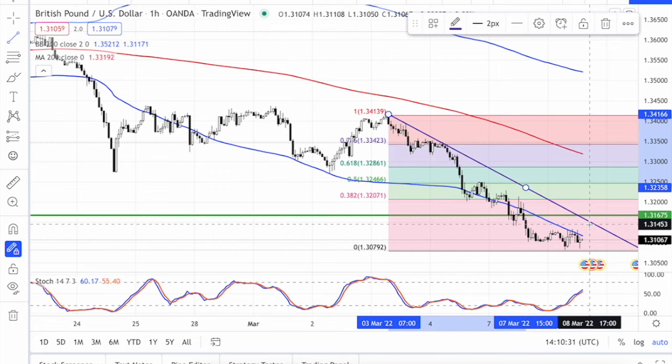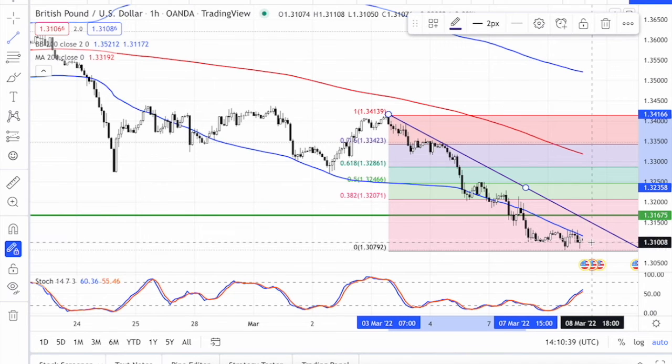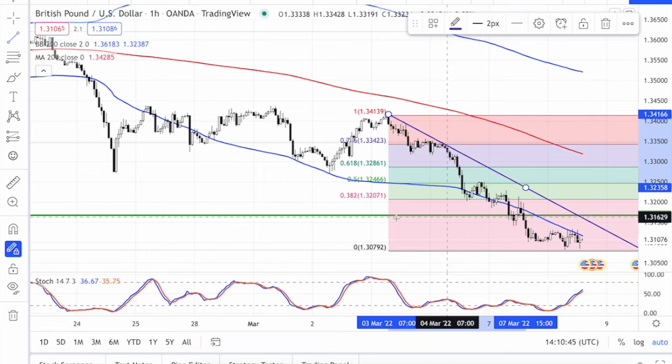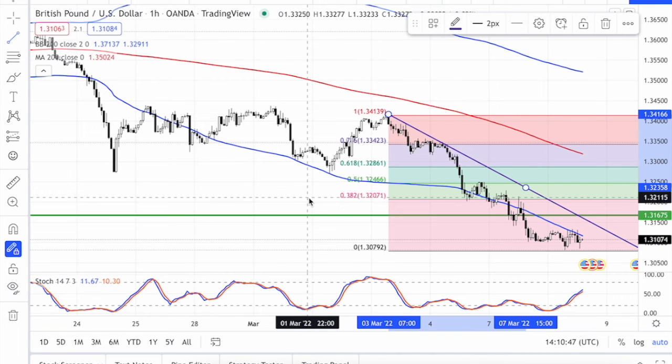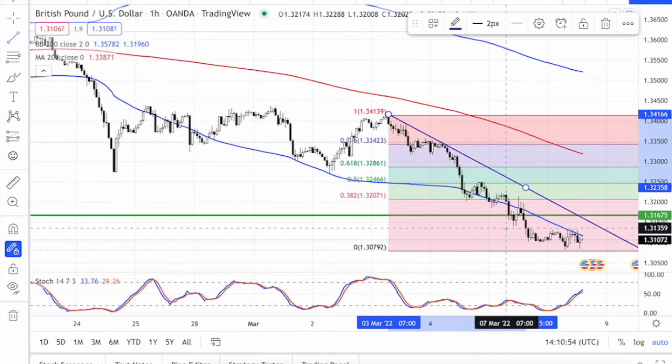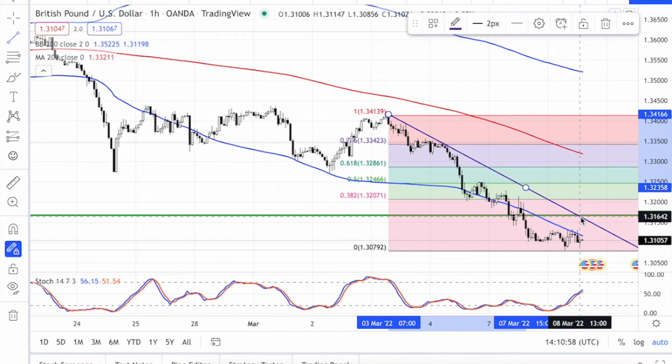So we'd be looking for a move up from the current price, from the current lows really, up towards that trend line. That's around about 40 to 50 pips above us, something like that. And again, with a very small position, if you are going to trade it, I don't think I am. I might split the positions actually between the euro and the pound, and if I was going to take a half position, I might take a quarter on each.